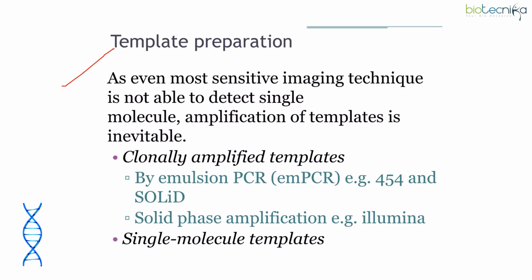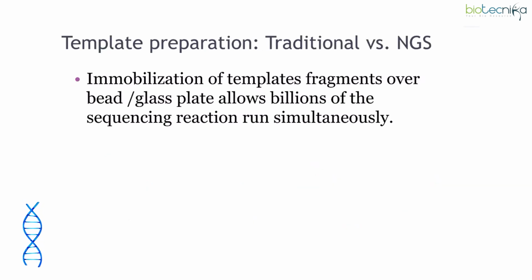In that we take PCR, EM PCR, or the 454 and SOLiD techniques, such as Illumina, right? And then finally, once the cloning is done, we look for the single molecule templates. Once the single molecule templates are available, then we move to immobilization.